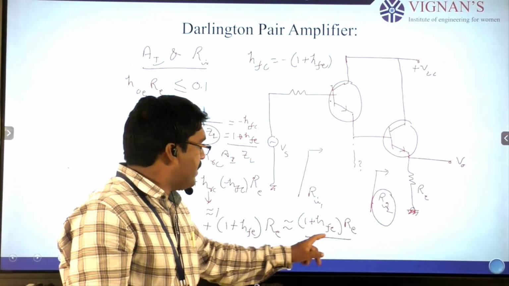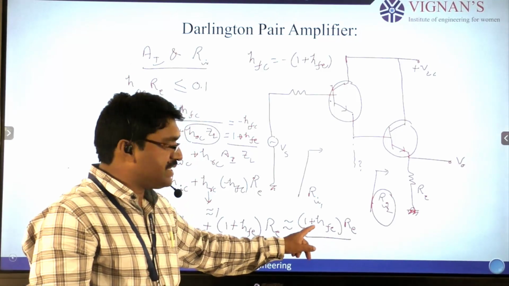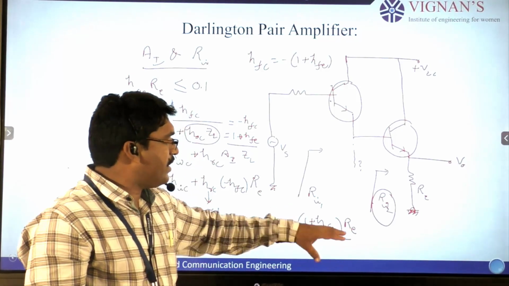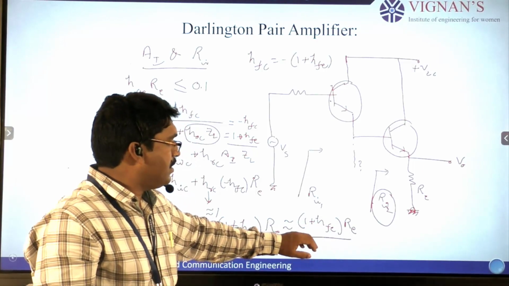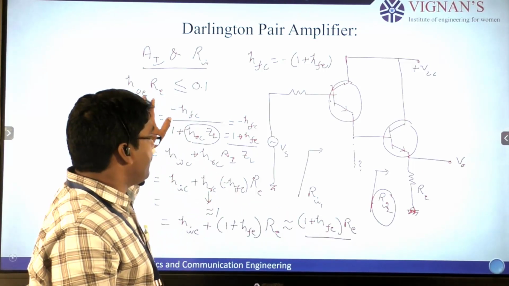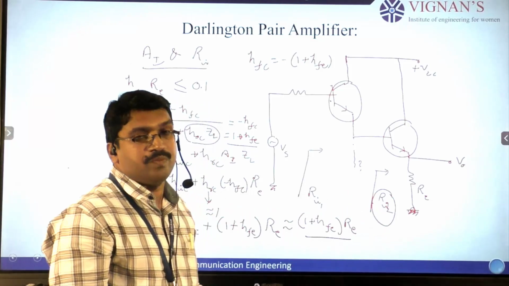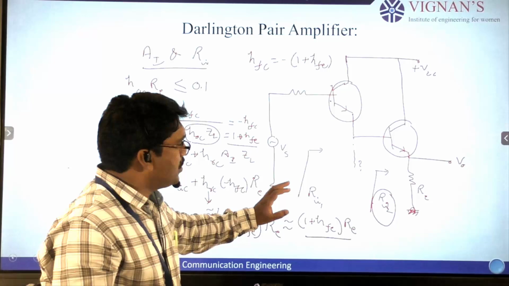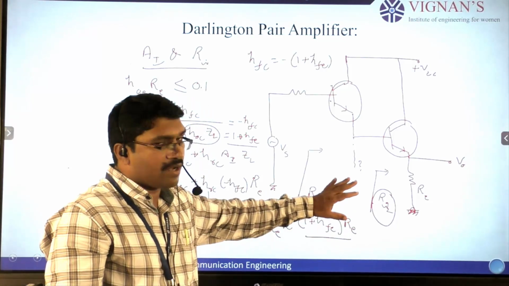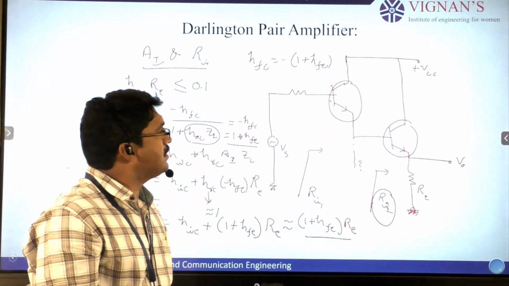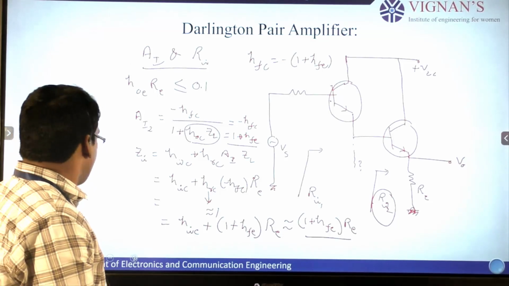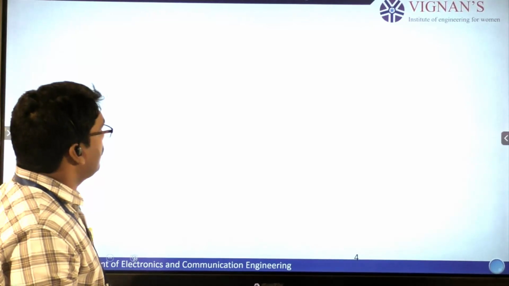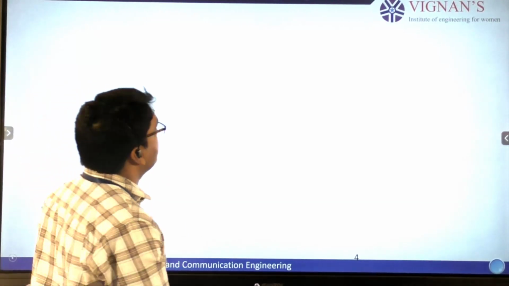But the Ri2 value is very high, which is 1 plus hfe multiplied by Re. So whatever the value of Re, this h0e multiplied by Ri2 will not be less than 0.1. So approximate analysis is not valid for the first stage. Obviously we need to go for exact analysis for the first stage.